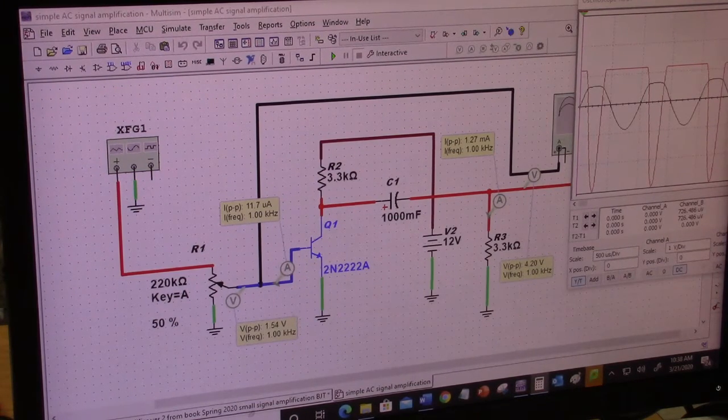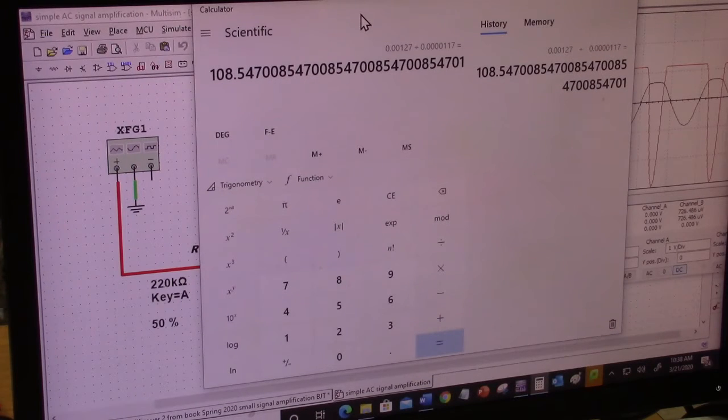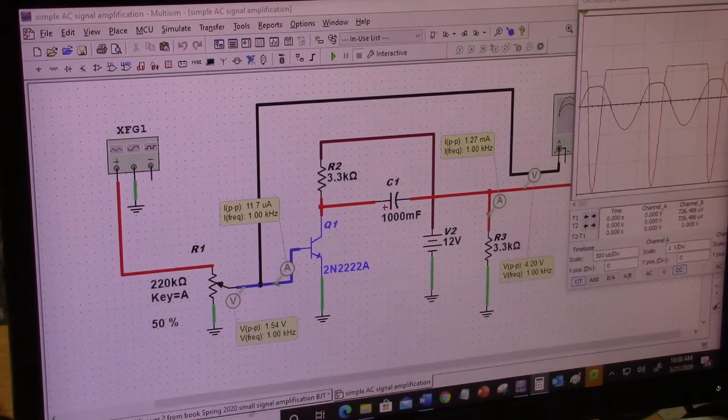Divided by 11.7 micro, so that's 10 to the minus 3 over 10 to the minus 6. And so that's an amplification factor of about 108. That's the calculation that I just did. So from the input to the output, I get about 108 or so amplification, which is like a beta if you want to think of it that way.